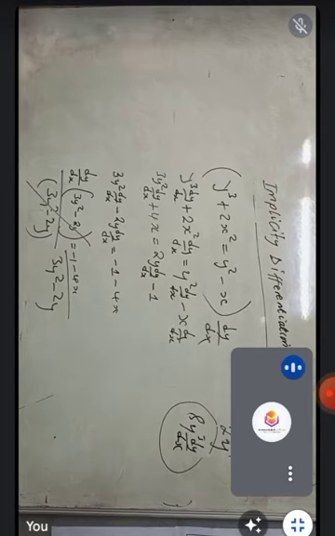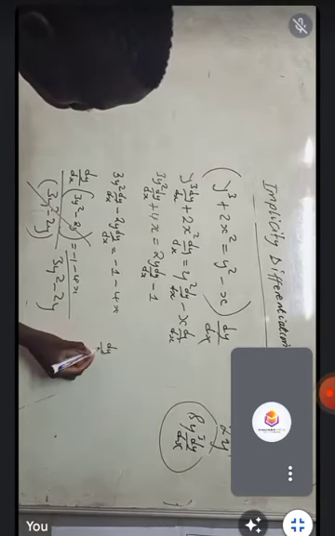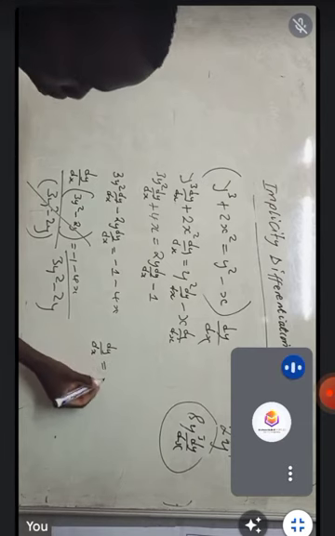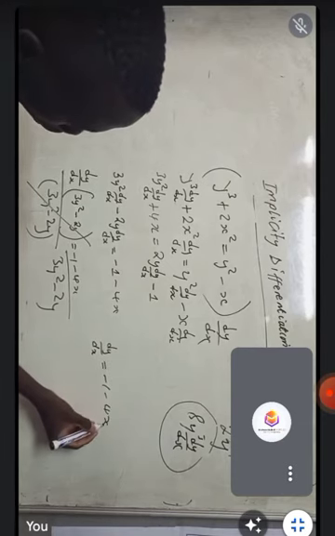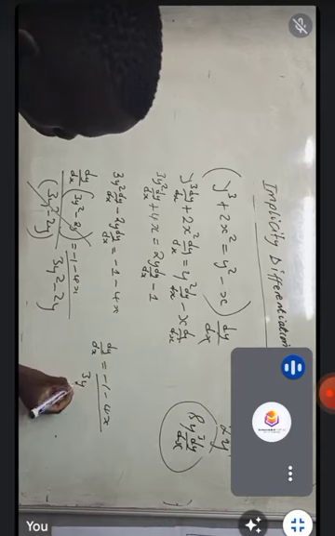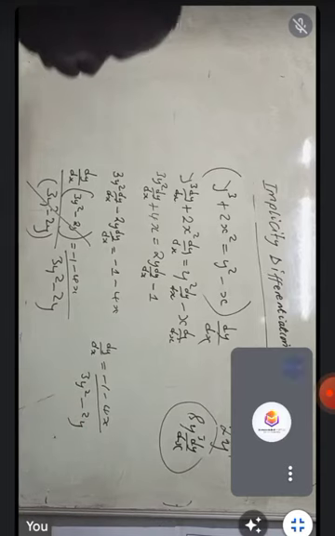This will go and remain with dy/dx. So dy/dx is equal to negative 1 minus 4x over 3y squared minus 2y.